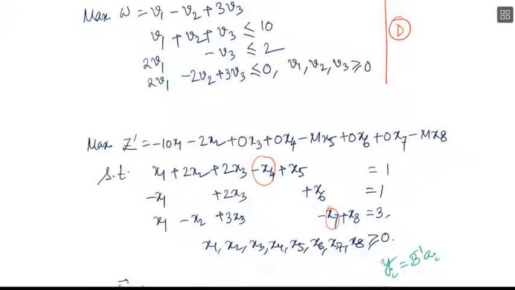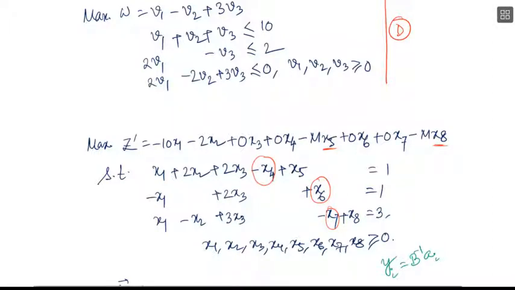In the primal problem, there were two artificial variables, x5 and x8, and three other variables, that is two surplus variables and one slack variable. x4 and x7 are surplus variables and x6 is a slack variable.